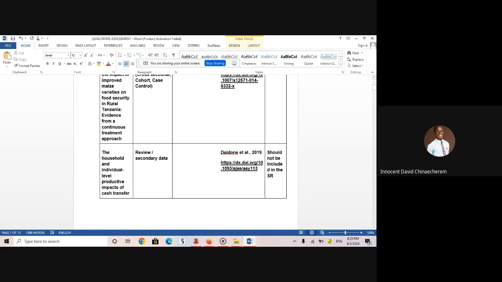Your ability to identify the design of each paper means you should have thoroughly read the full text of the 60 studies. If you're saying that 60 studies are meeting your eligibility criteria, you must have read the full text, because of the principles of PRISMA screening using the PRISMA flow diagram.